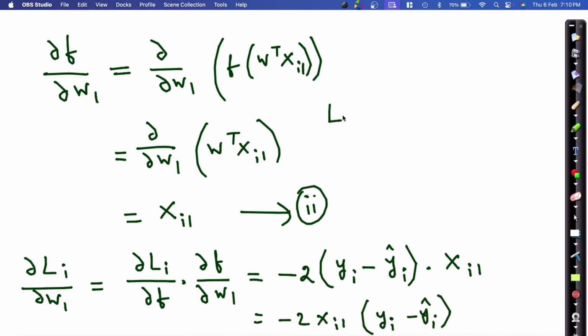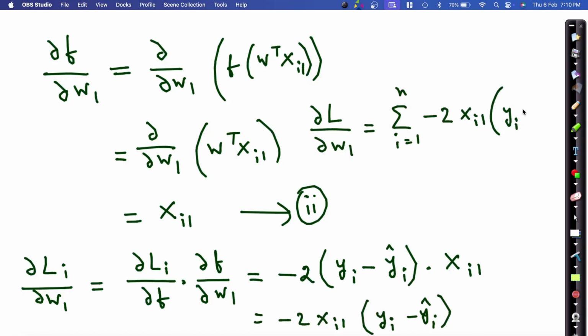And then dou L by dou W1, for all the points, is nothing but the sum over i equal to 1 to n of minus 2 xi1 times yi minus yi hat.